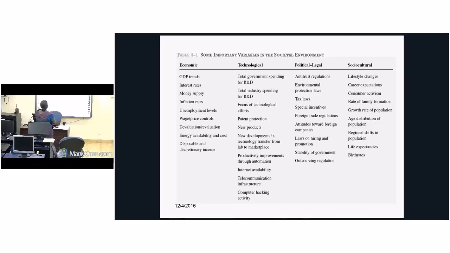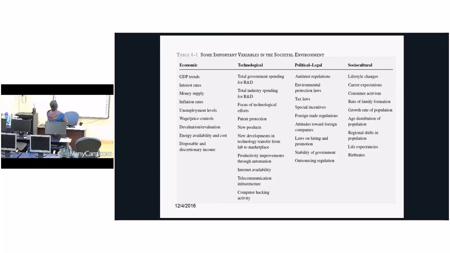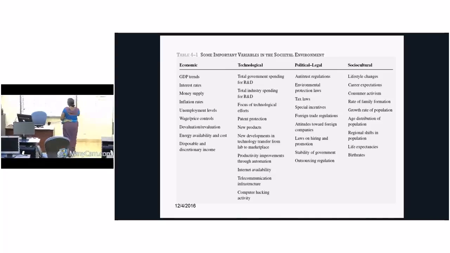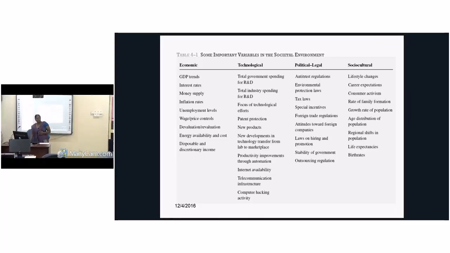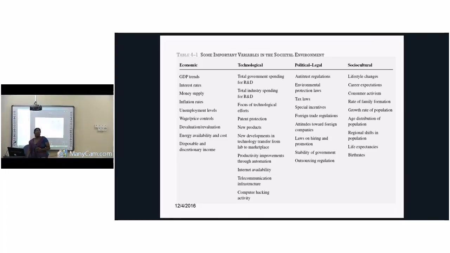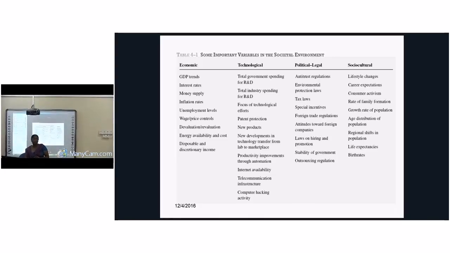So these are the elements or variables in the economic environment. And likewise, you have different elements in the technological environment, political and legal environment, and socio-cultural environment, as I discussed. For your further reference, you can use this to identify the variables in the societal environment.